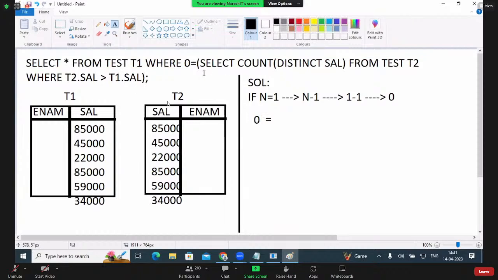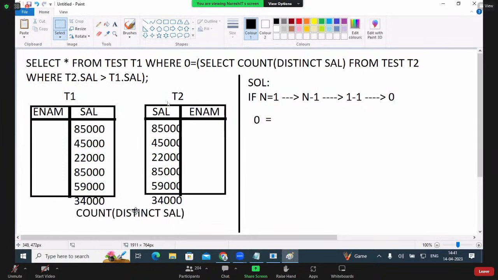Okay. So the outer query aliases and the n minus 1 value, how it came, I explained. Now come to the inner query. In the inner query, we wrote the count of distinct salary. Count function, all of you know.